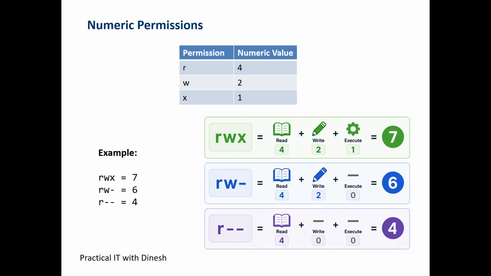For example, rwx: read is 4, write is 2, and execute is 1, and we add all these, 4 plus 2 plus 1 is equal to 7. Similarly, rw- means we add read and write, that is 4 plus 2, and it becomes 6. r-- means only the read permission is there, that is 4.